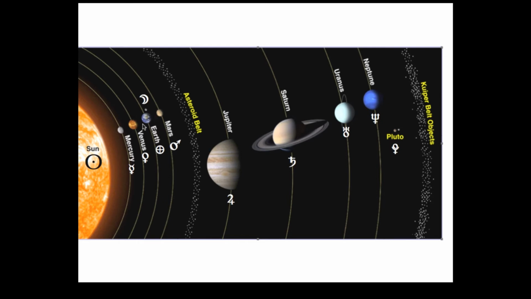Now, Venus is our nearest neighbor in relation to the sun, and Mars is our nearest neighbor in relation to everything away from the sun. Now, all things on Earth, all living things, are concerned with the source of their energy.